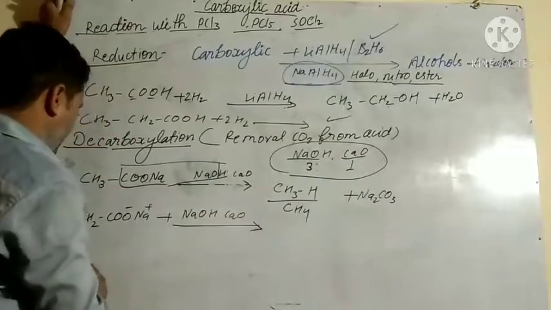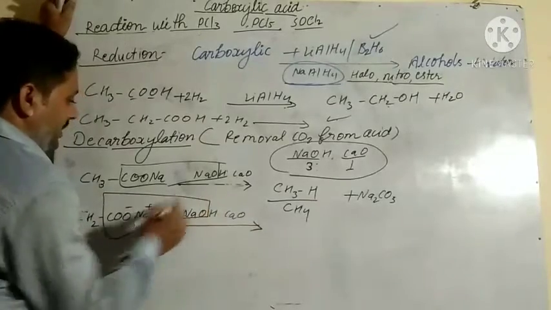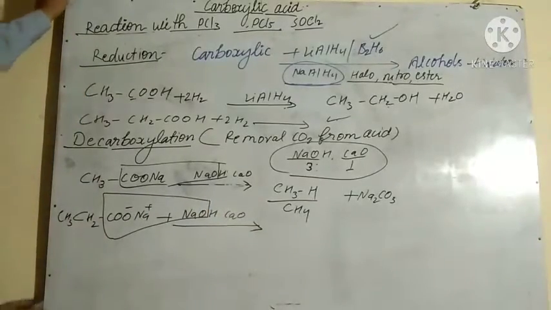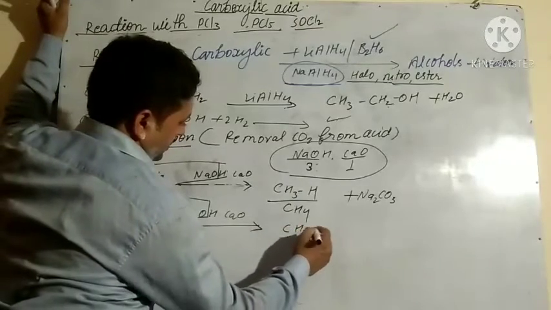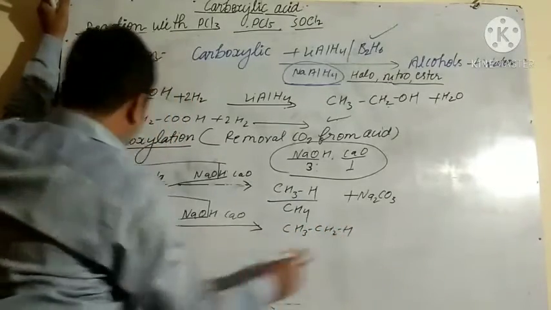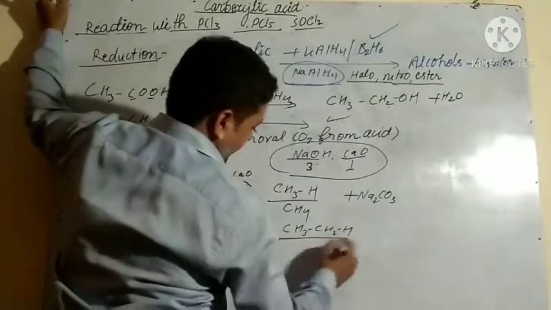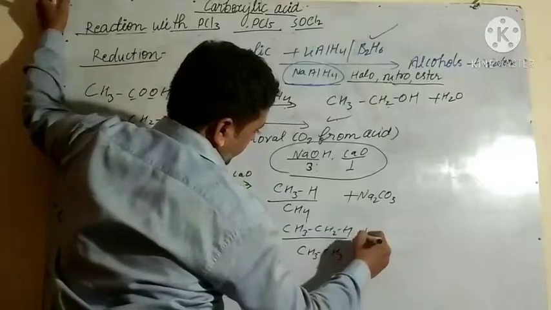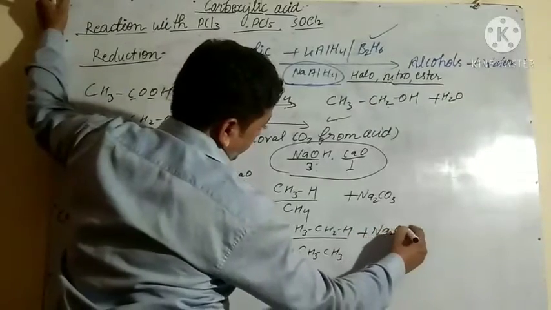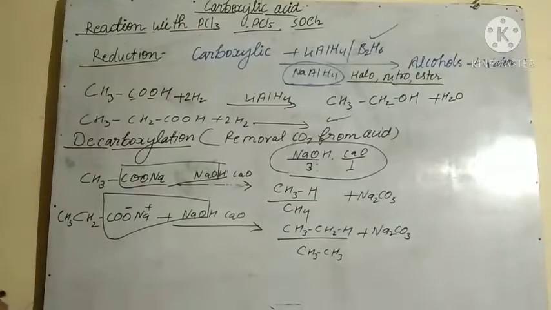It gives sodium carbonate and an alkane, so CH3CH2H, that is CH3CH3 plus Na2CO3. Okay students, so this is decarboxylation.